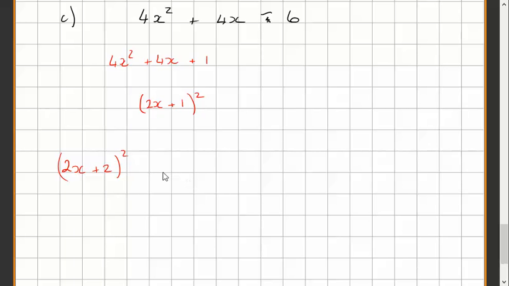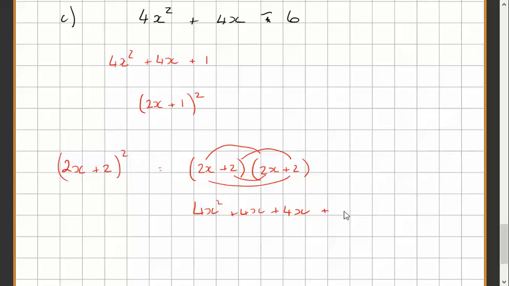The trouble with that is that would be 2x plus 2 times 2x plus 2, which would give you 4x squared, fine, but plus 4x plus 1 plus another 4x plus 4, which would be 4x squared plus 8x plus 4, and that bit is the problem.